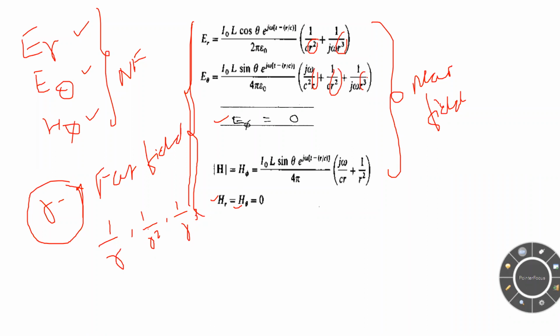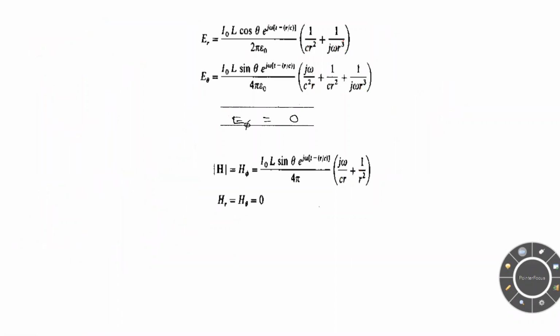If r is very much in the far field, then we can assume that 1 by r square is very much smaller and 1 by r cube is also very much smaller. Therefore we equate these parameters to nearly zero.